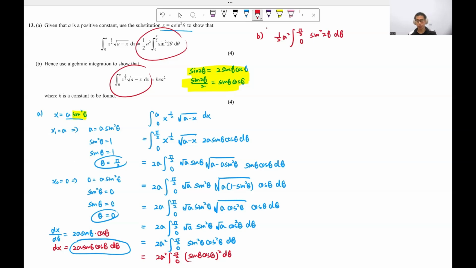So every time when we integrate sine square theta or cos square theta, we always use the double angle formula for cos. Because this is sine square 2 theta, the double angle formula we should use is cos 4 theta equal to 1 minus 2 sine square 2 theta. Because it's a double angle formula, whatever this angle is, this one should be double of that.